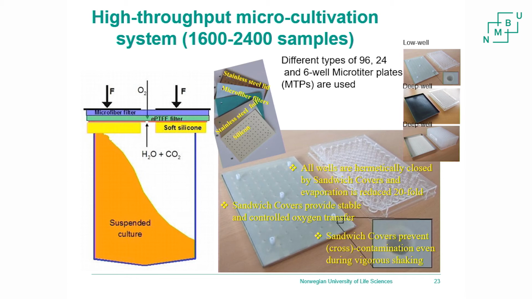It's 96, 24 and 6 well microtiter plates. The number of wells depends on the volume you want to use. The fewer wells, the higher the volume per well.